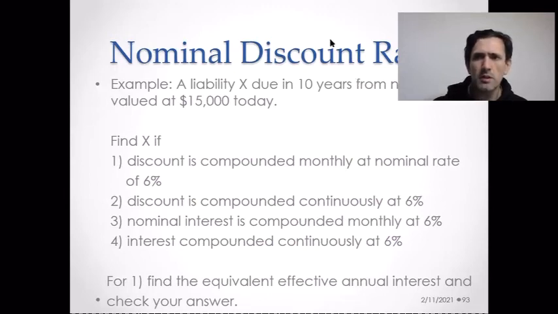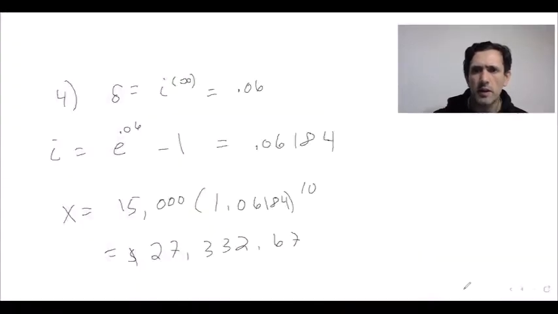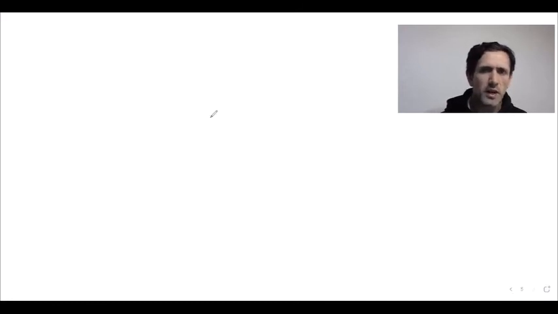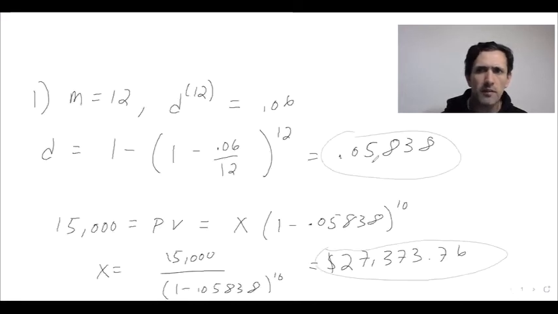And I do want to check that the equivalent effective annual interest rate we get in 1 is fairly close to what we get in 3 and 4. So remember in 1, we have discount is 0.05838.